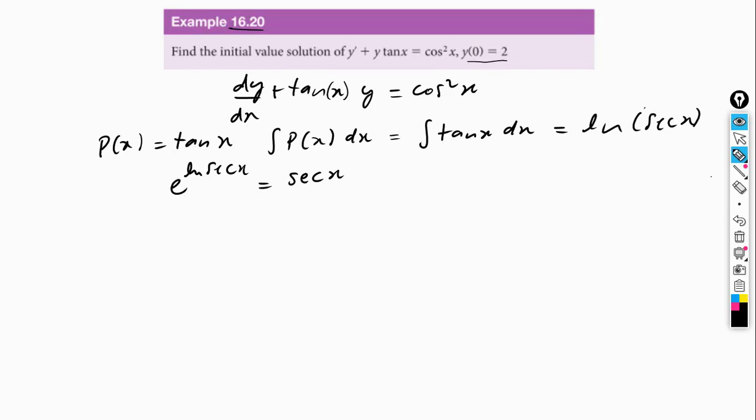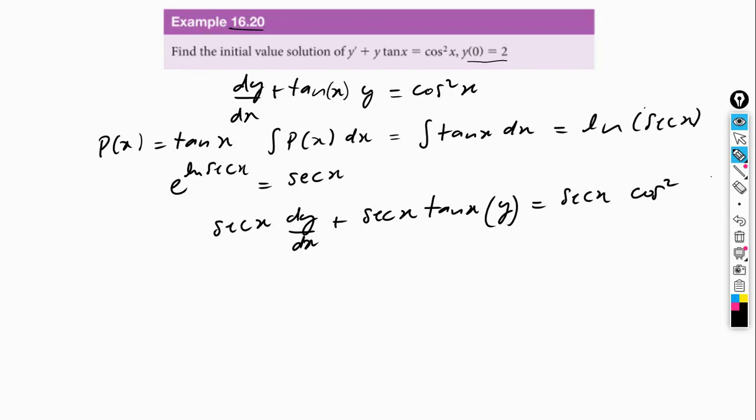So now we multiply both sides of the equation by secant of x, and we have secant of x times the derivative of y plus secant of x times tangent of x times y is equal to secant of x times cosine squared of x.